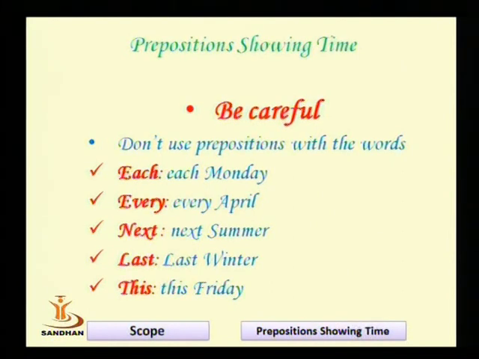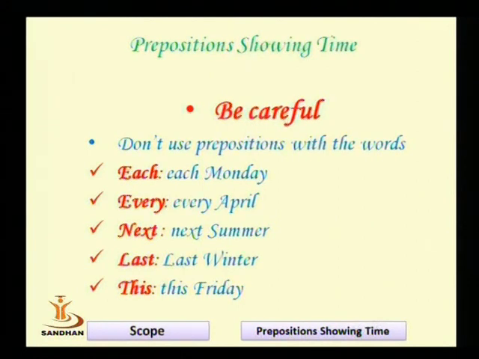Up till now we have studied the rules of at, in and on. Now one should know where we can't use a preposition. For example, don't use a preposition with the words each, every, next, last and this. See the examples: each Monday.